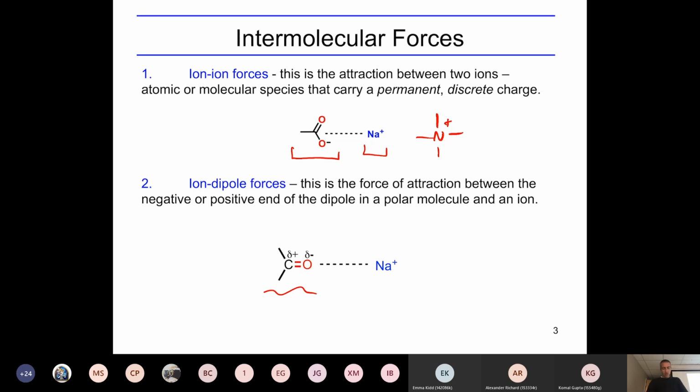So this is ion dipole, and this is weaker than ion-ion, because ion-ion has a full positive and a full negative attracting each other, whereas ion dipole has a full positive and just a partial negative. Or it could be a full negative and a partial positive. Because the charges are not full charges, they're a little bit smaller, these ion dipole forces will be a little weaker.